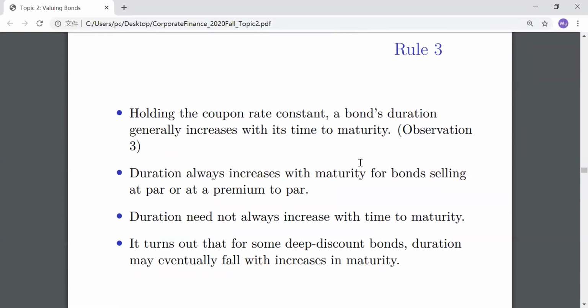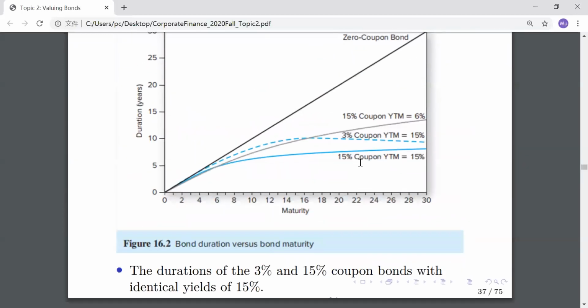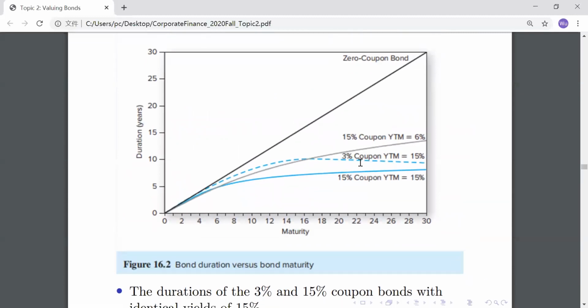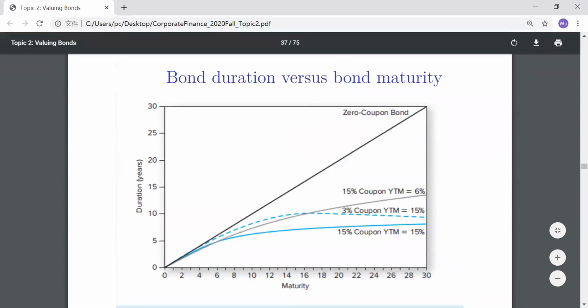And holding the coupon rate constant, the bond duration generally increases with its time to maturity. This is observation 3, you can find it in the previous observation. Also, you can see from the graph, when the maturity increases, duration increases.